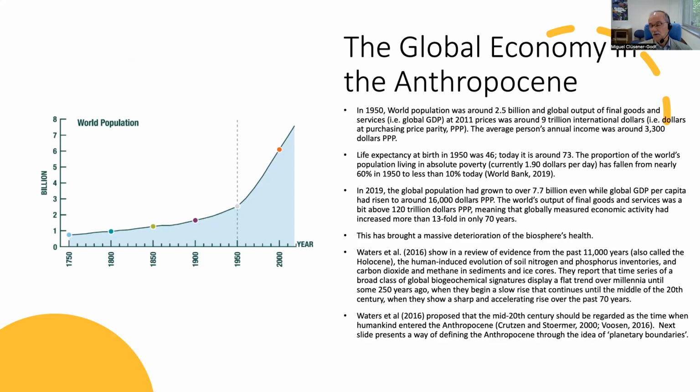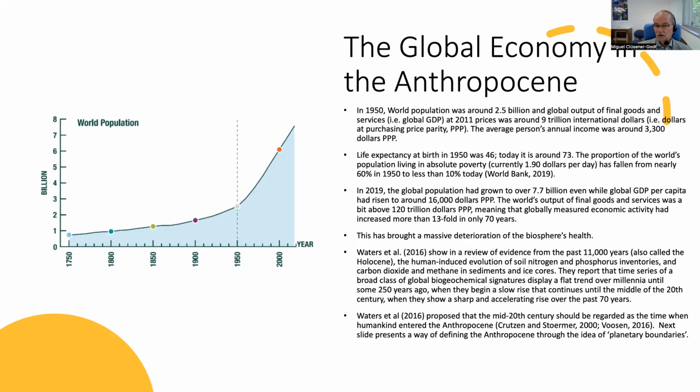That doesn't mean that today everything is fantastic. But you see here, these are real figures published by the World Bank. So quite positive, but let's continue. In 2019, global population had grown to over 7.7 billion.